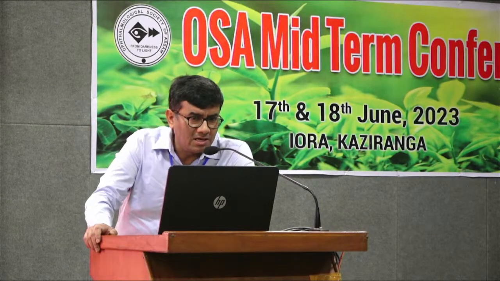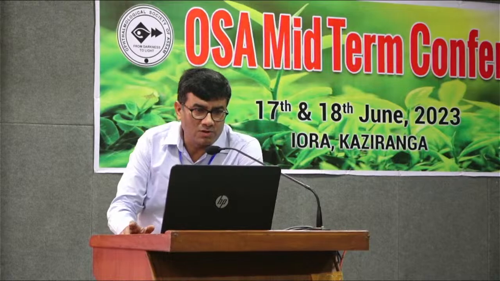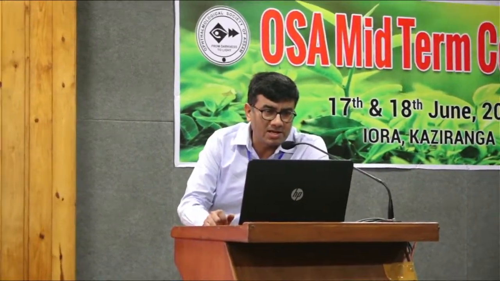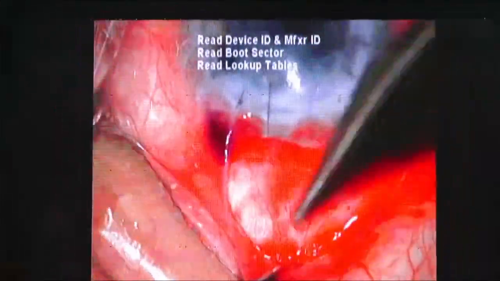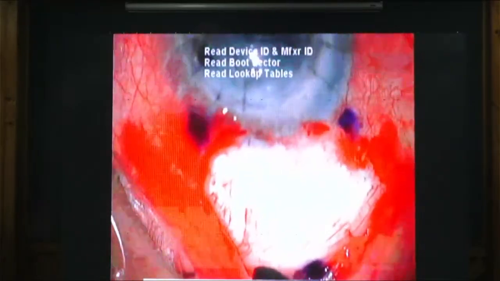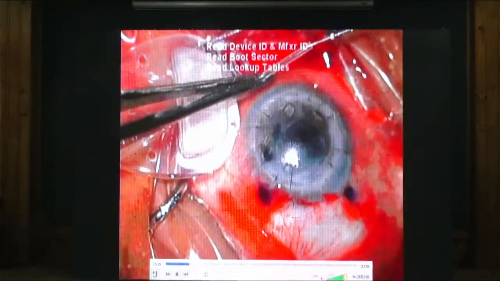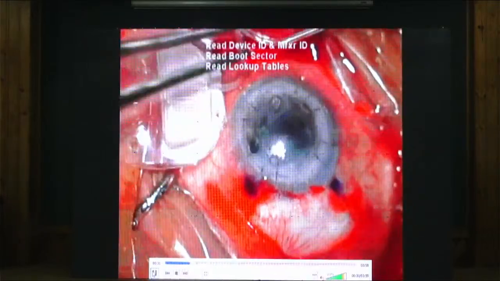I will explain the process. After the subdermal anesthesia, I have marked 2 points between the superior rectus and the lateral rectus for the superior temporal placement of the Ahmed valve. Since this is a post-keratoplasty case, the distance between the cornea and the IOL is very less, so I am priming the Ahmed valve.